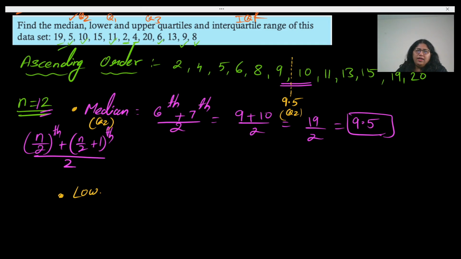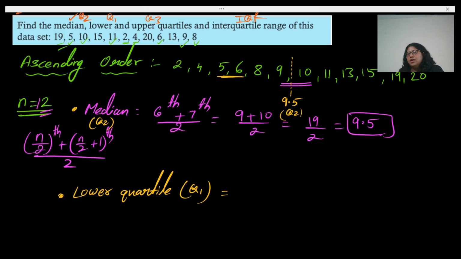Now to get the lower quartile or the first quartile, which we call Q1, I have to take the median of the left side of the values. So 2, 4, 5, 6, 8, 9. Again, there are 6 data. So N is 6, and the two middle terms are the third and fourth values from the left side of the median.